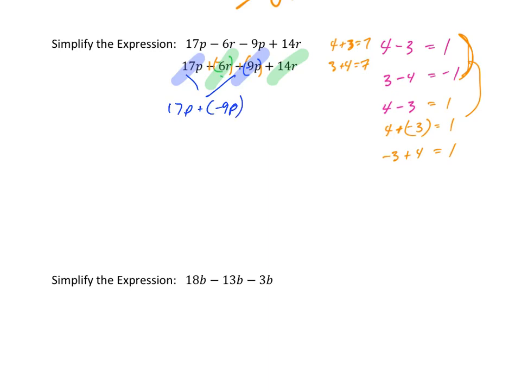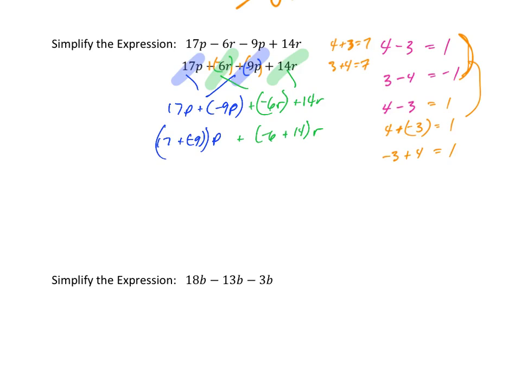And my r's, I have negative 6r plus 14r. Now what I'm going to do is combine like terms. That means I'm going to have 17 plus negative 9 times p, and I'm going to have that plus negative 6 plus 14 times r.